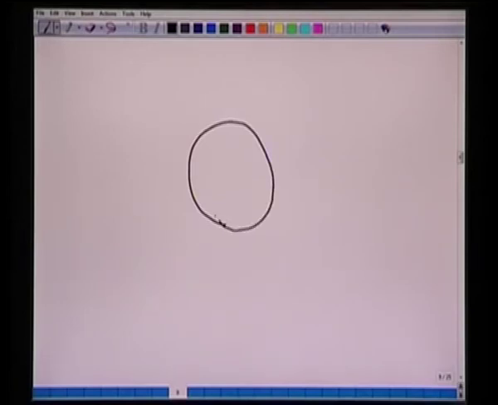Suppose we have a rotor here, and this is my stator. So I have two axes. This is my D axis or the direct axis, and this is the quadrature axis.